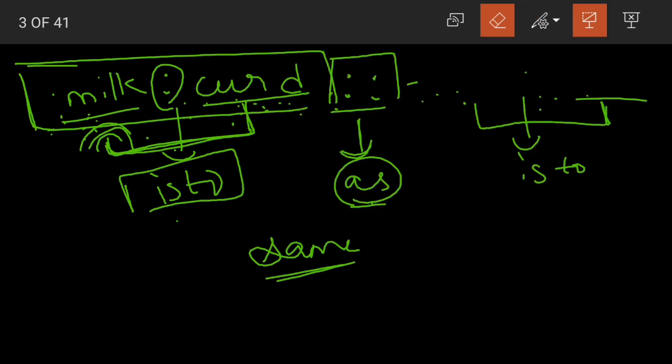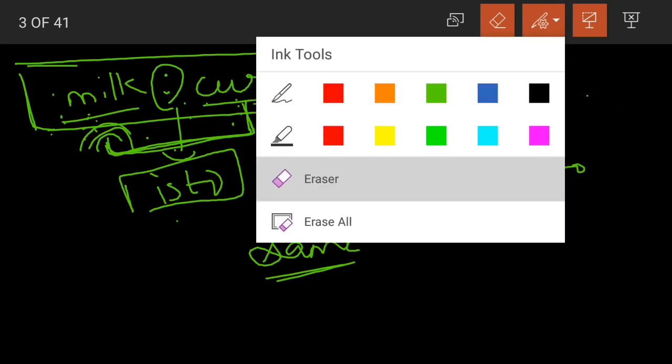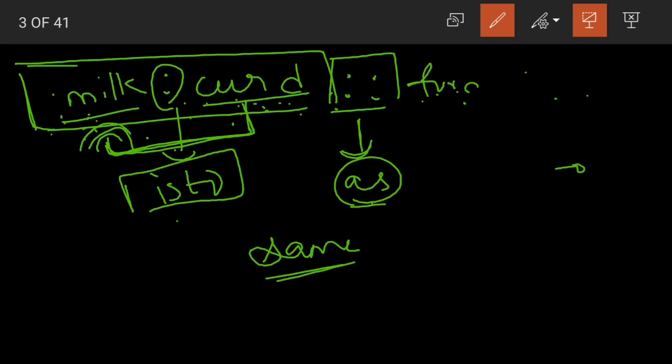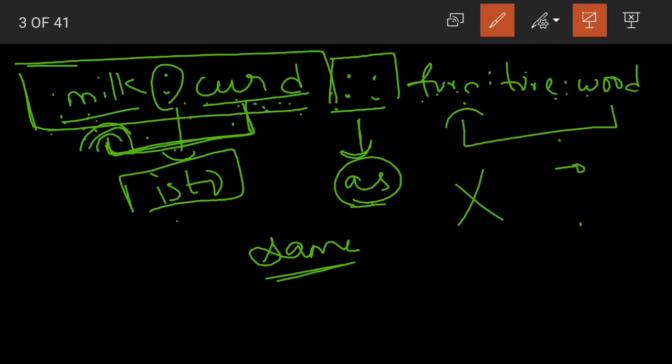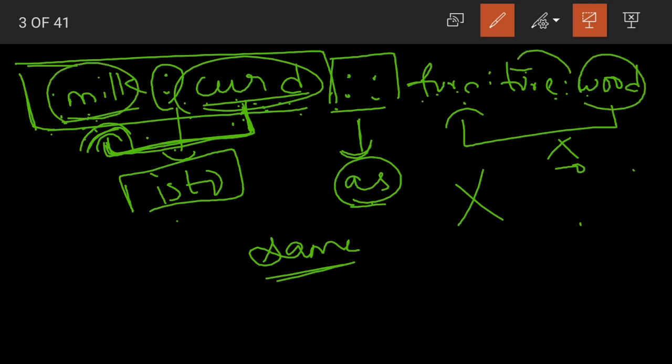If I write furniture is to wood, this will be a wrong analogy. Why? Wood is not made from furniture. See here, the second word is the word that we get from the first. Here do we get wood from furniture? No. We get furniture from wood.